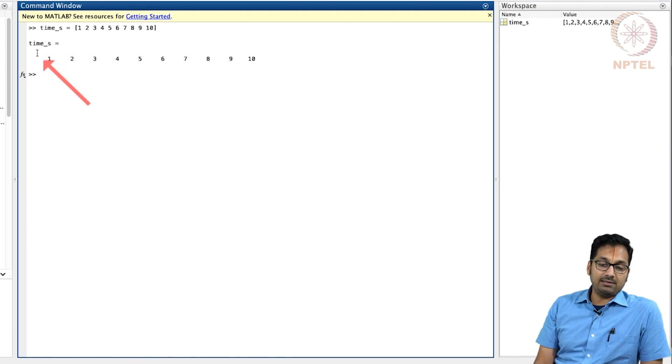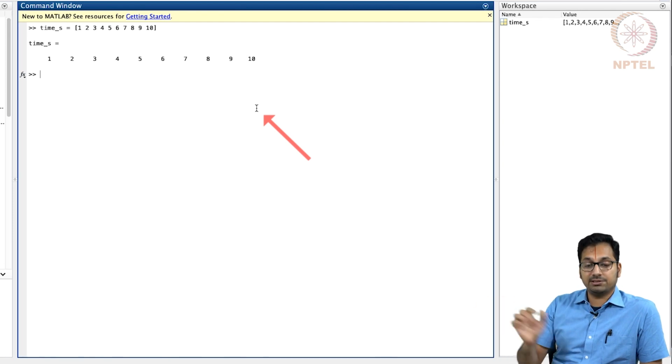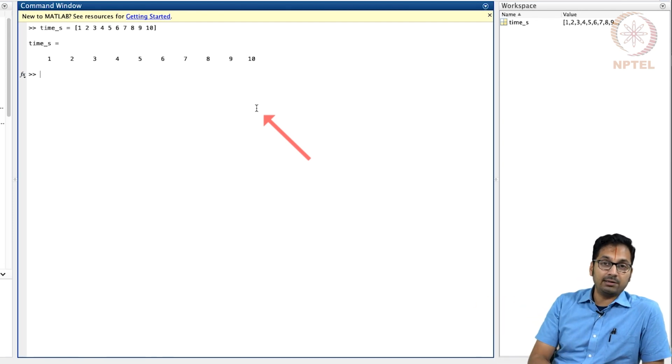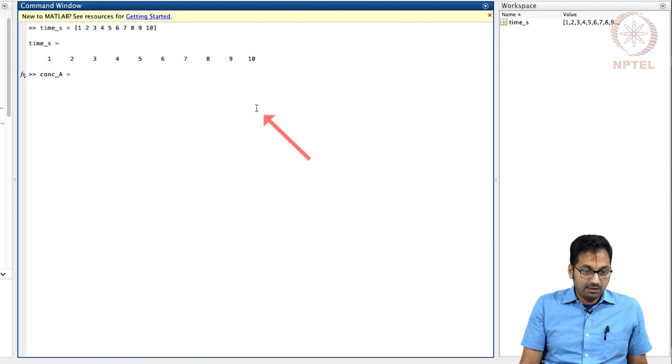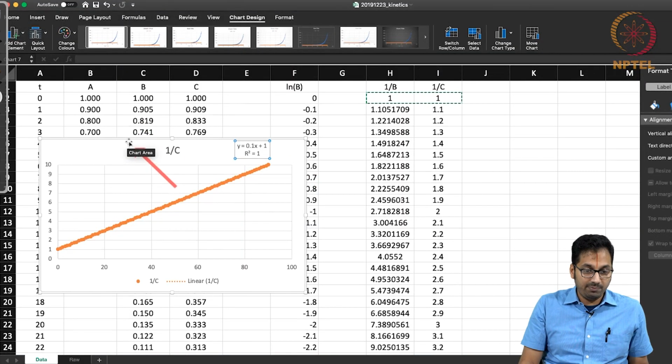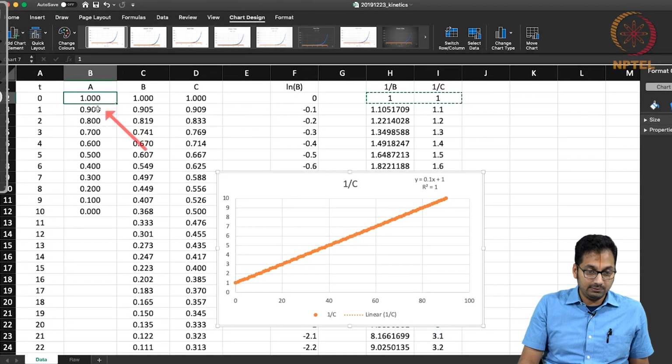What you are able to realize now is that the time is nothing but a row vector which has 10 units in it, basically 1 going until 10. Similarly for the concentration of A, we can say conc of A, you can do the same thing, and the advantage is you can even copy paste from Excel.